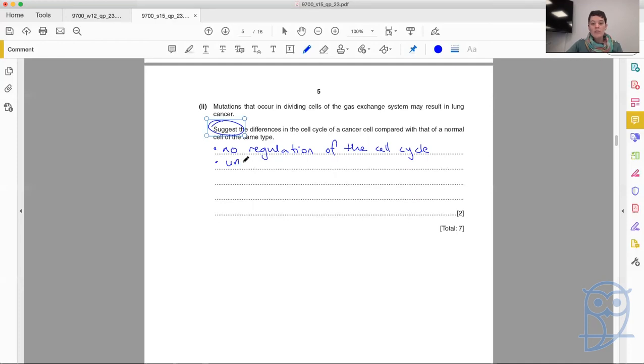So we're going to have uncontrolled cell division. We're going to have shorter interphase, and a nice one to add, of course, we're not going to differentiate. There's going to be no specialization of cells. So no differentiation of cell types.